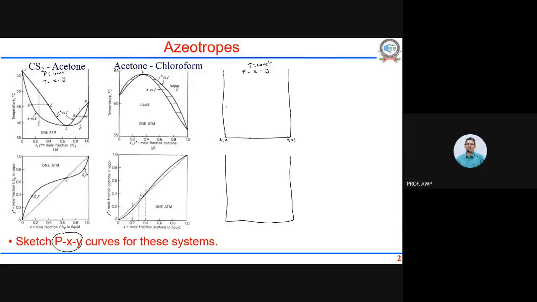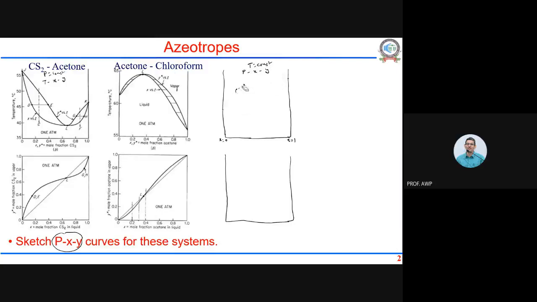If it was ideal, like Raoult's law, how would it have looked? It would have looked like this. This would be Px, this would be Py.